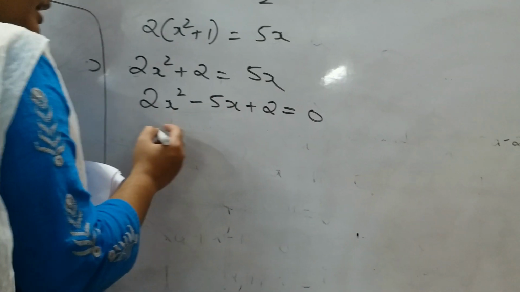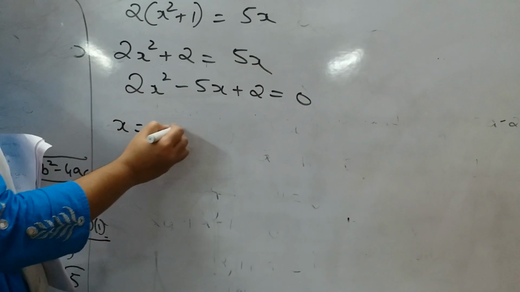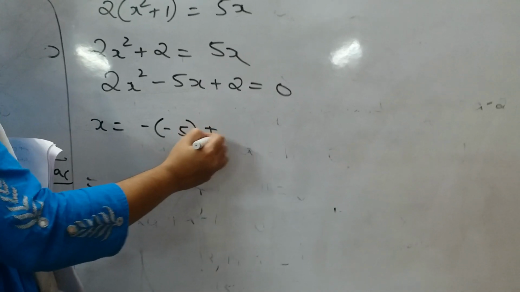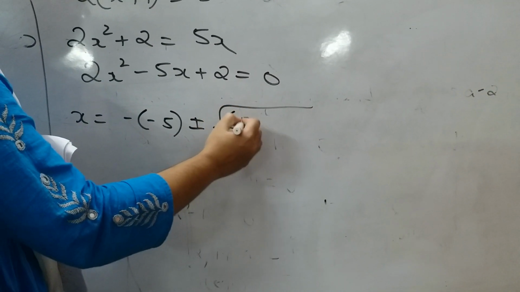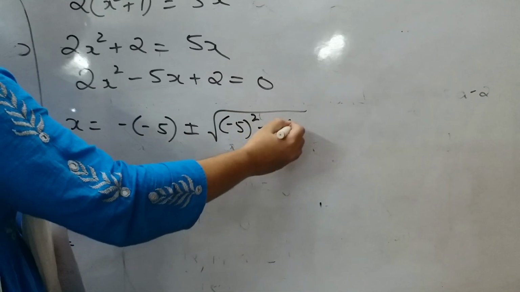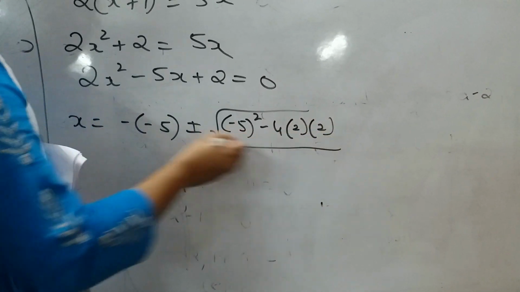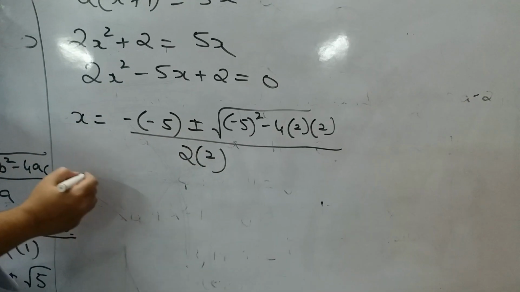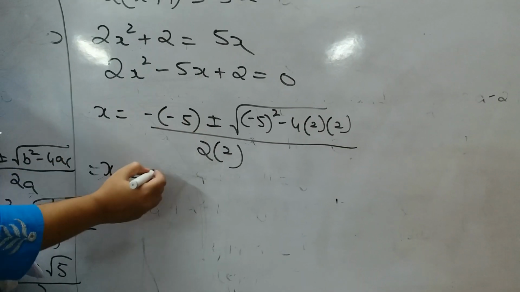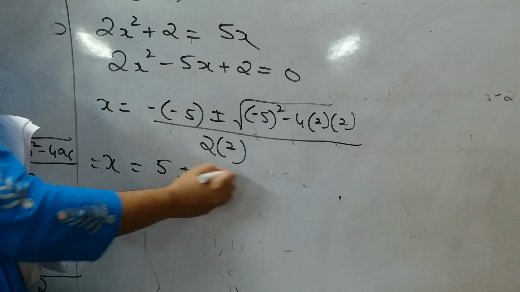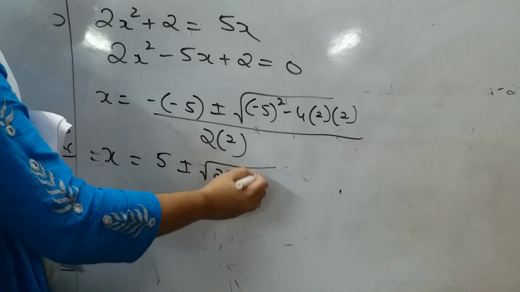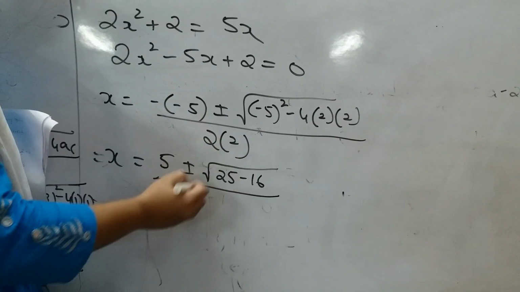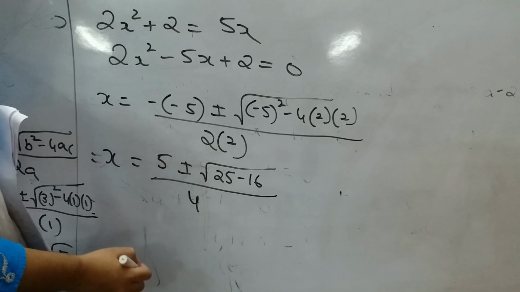Now, let us find the value of x here. X is equal to minus of minus 5 plus or minus under root of minus 5 whole square minus 4 into 2 into 2 by 2 into 2, because that is 2 into a. X is equal to 5 plus or minus under root of 25 minus 16 by 2 2s are 4.